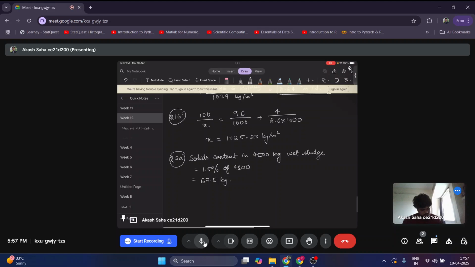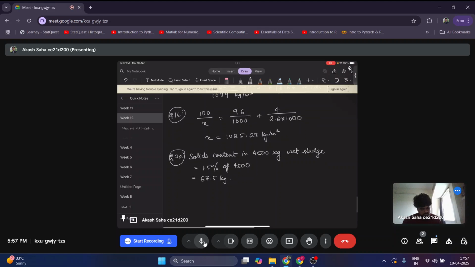So after reduction in water content, total dry solids will be the same as before, that is 67.5 kg.